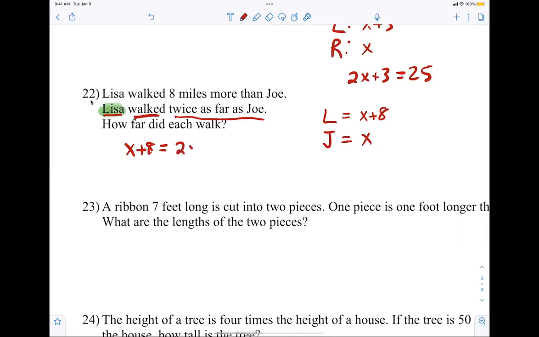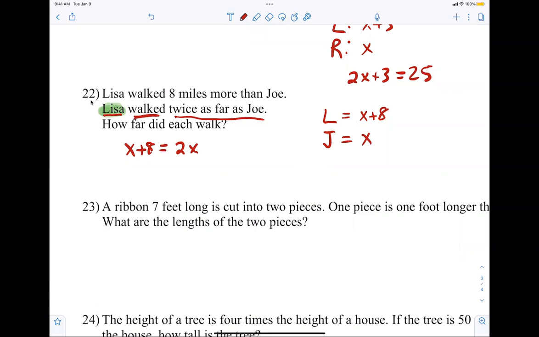That's correct. They're equal, right? Lisa walked twice as far as Joe. Does that make sense, everybody? In order to make them equal, we have to double what Joe walked to set it equal to Lisa. That's how you should be thinking about it.